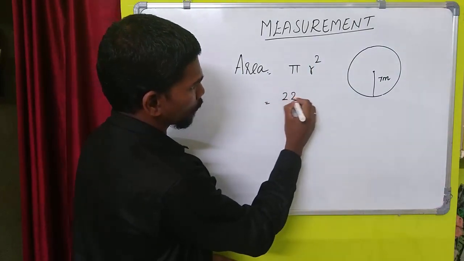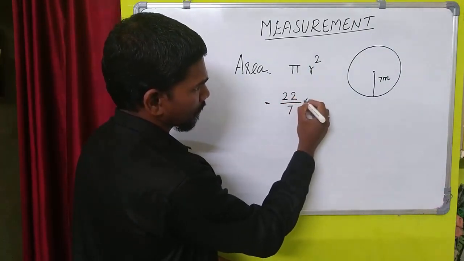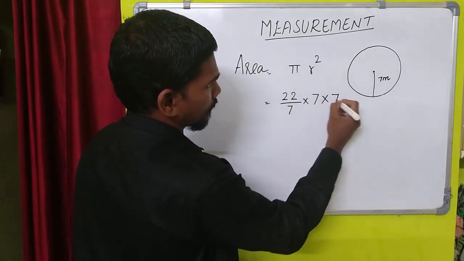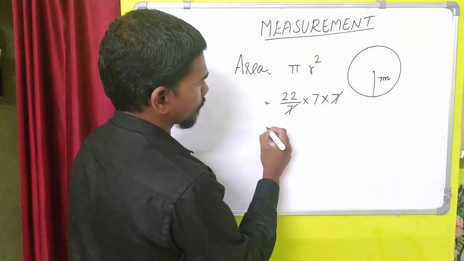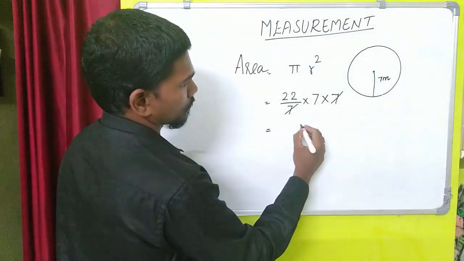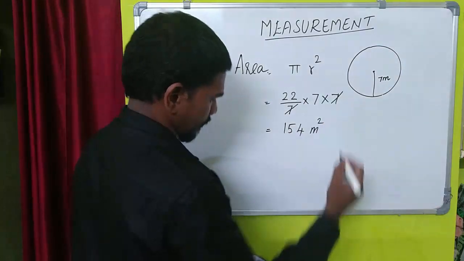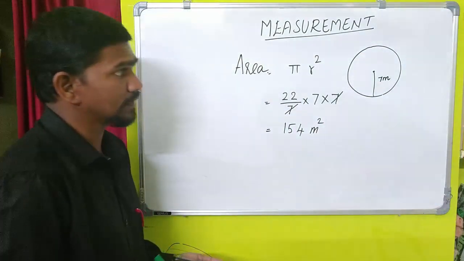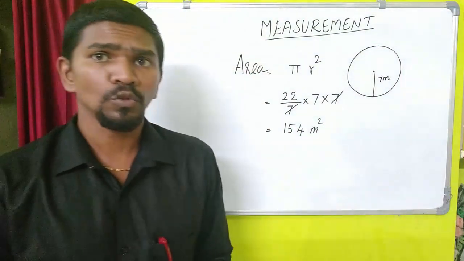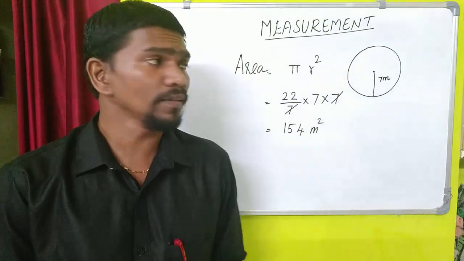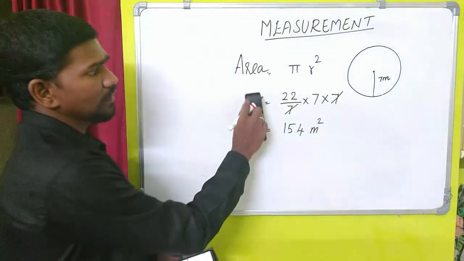It's nothing but 22 by 7. You have to put r 2 times. R square means 7 into 7. You cut 7 by 7. Now you have 154 meter square. So that is the area of the circle. So you can find it with the help of formulas. Very easy. Each and everything has its formula.